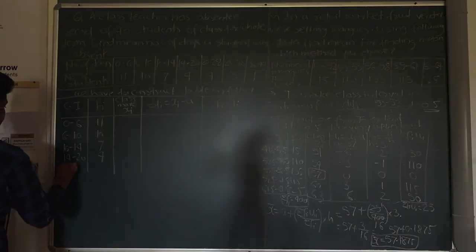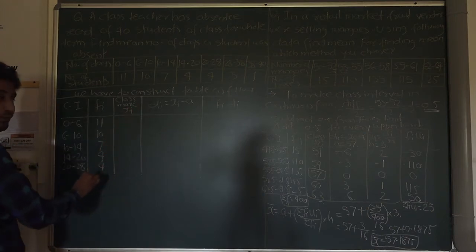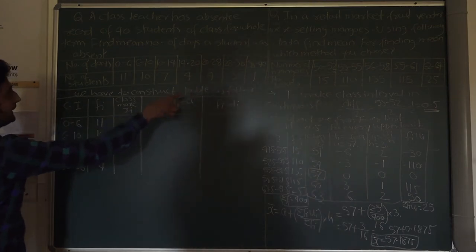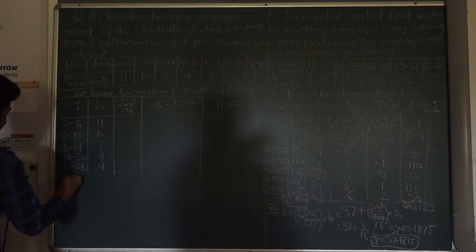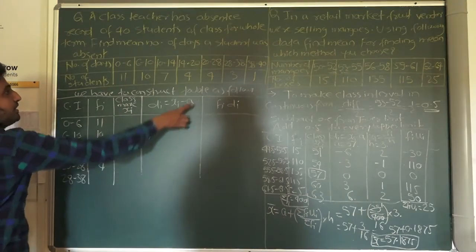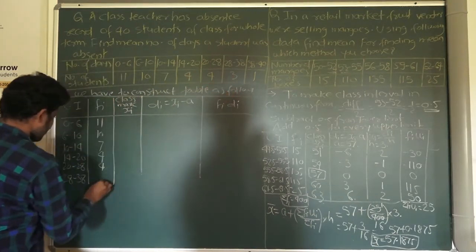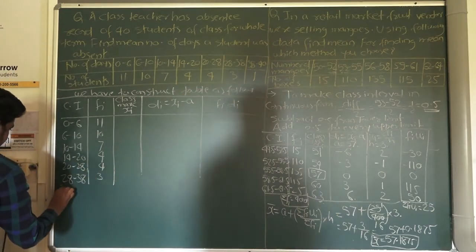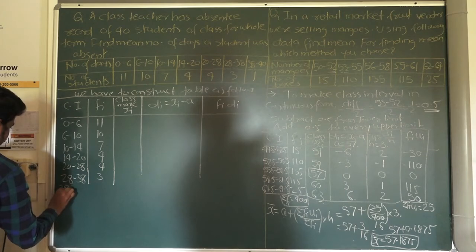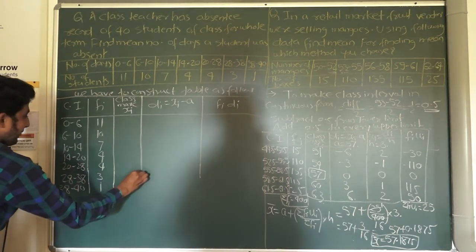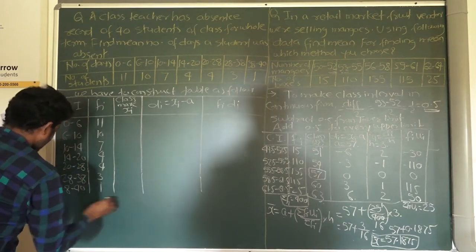Next is 20 to 28, frequency is 4. Next 28 to 38, frequency is 3. And 38 to 40, frequency is 1.